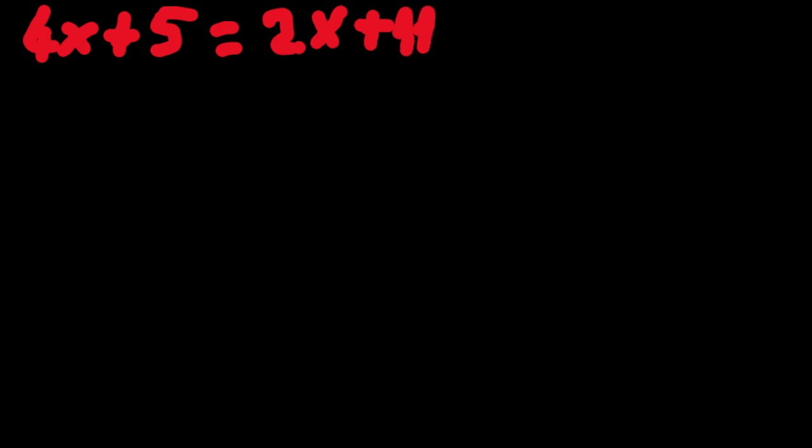Okay, so we have x on both sides. We have an x here and we have x here as well. Also, we have a plus 5 and plus 11. So we have to separate them, okay?